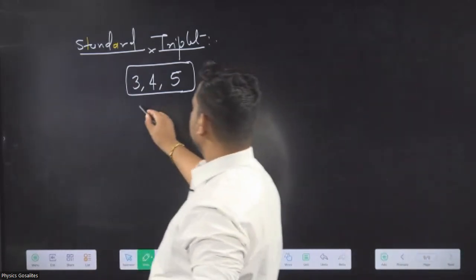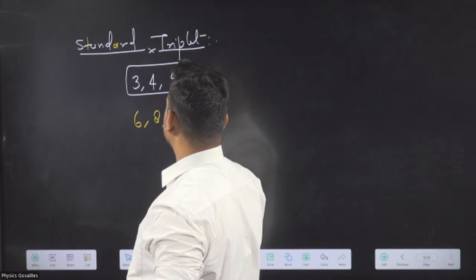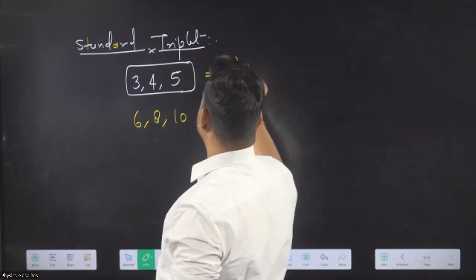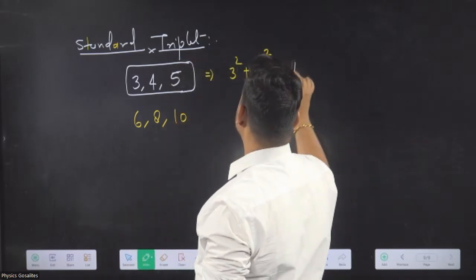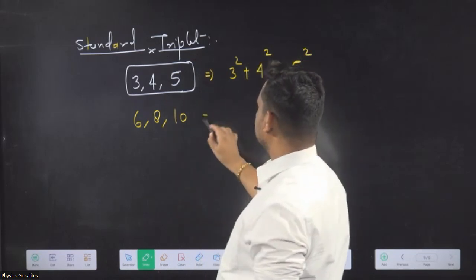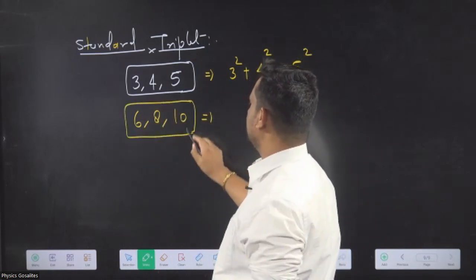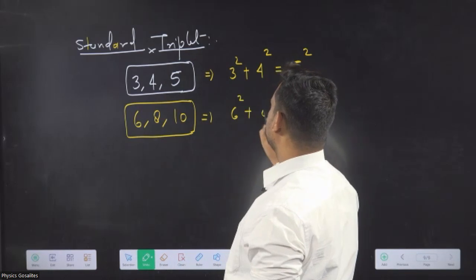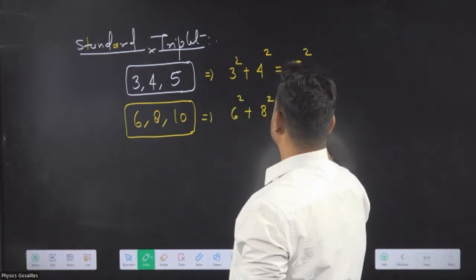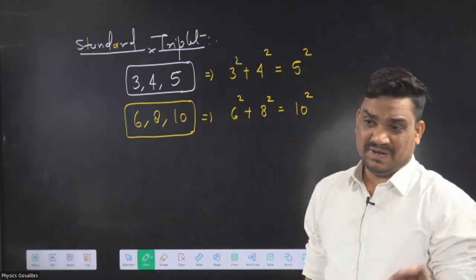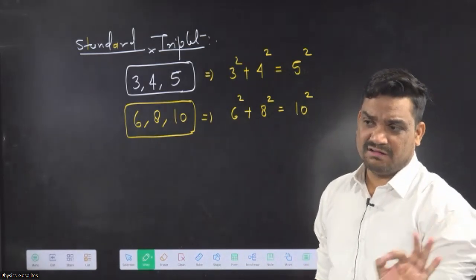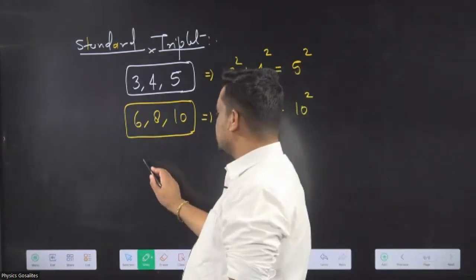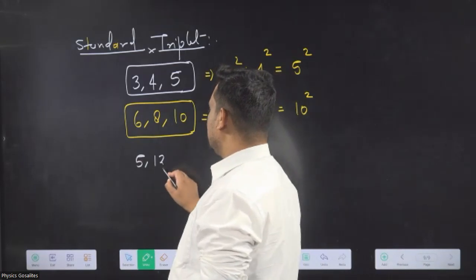Can you tell me one more? 6, 8 and 10: what is the meaning of this one? Here 6 square plus 8 square equal to 10 square. We have to keep in mind these triplets, they frequently come. Next one, if I ask, then we can say 5, 12, 13.